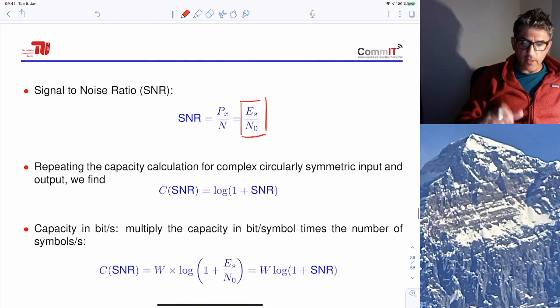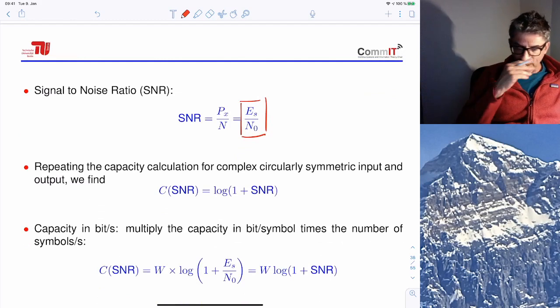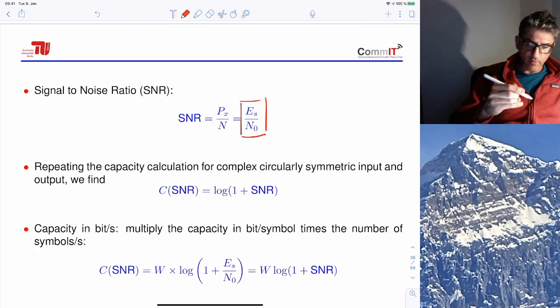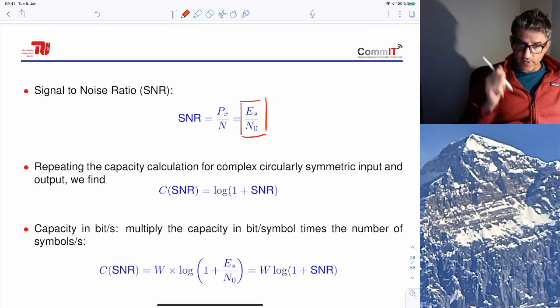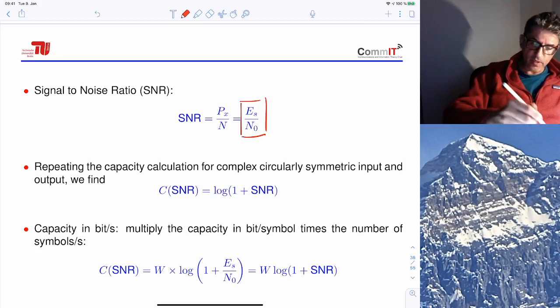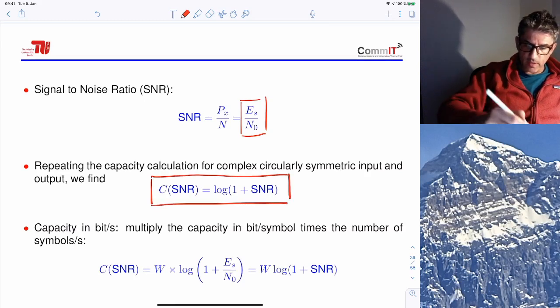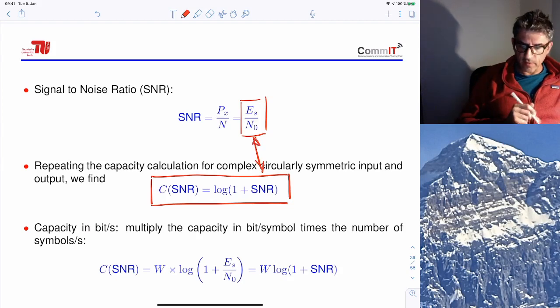And now it turns out that if we repeat the capacity calculation for the complex circularly symmetric Gaussian channel, we find that the capacity in terms of bit per complex symbol is given by this formula, where this is precisely the same thing here, ES over N0.